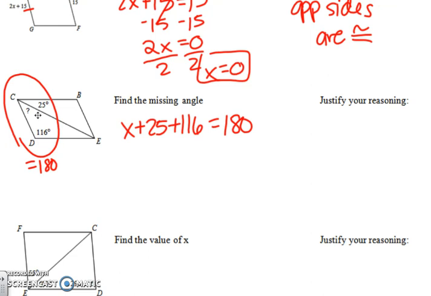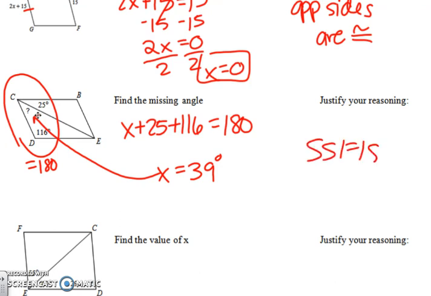So when you subtract those both from 180, you would get x equals 39. So this little measurement right here would be 39 degrees. Again, you can double check it and add them all together and make sure they equal 180. And they do. Okay, so my justification would be same side interior equals 180 degrees.